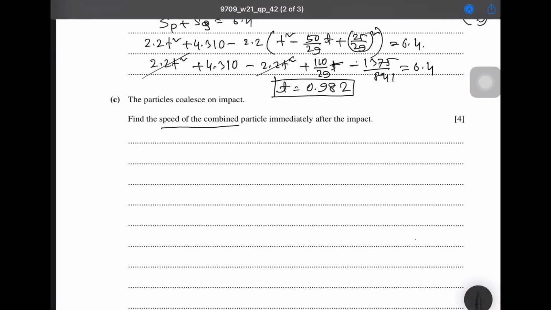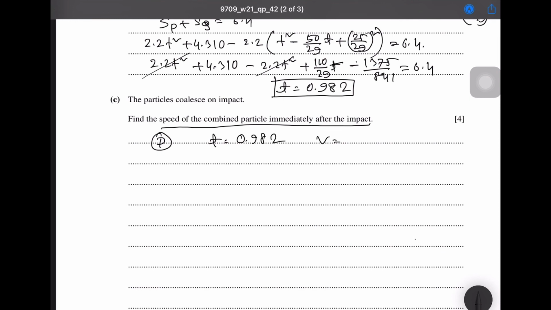Now the speed of the combined particle immediately after the impact. Let us first find the speed of P after t equals 0.982, I mean before the collision.